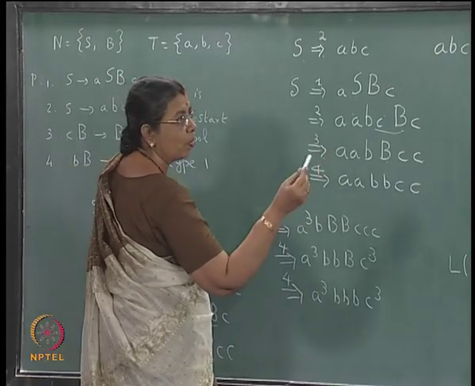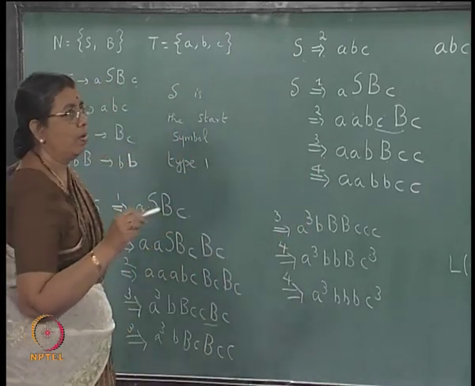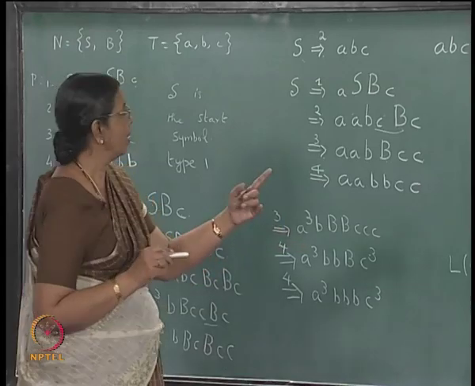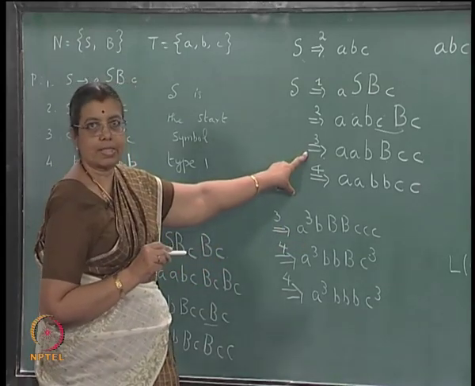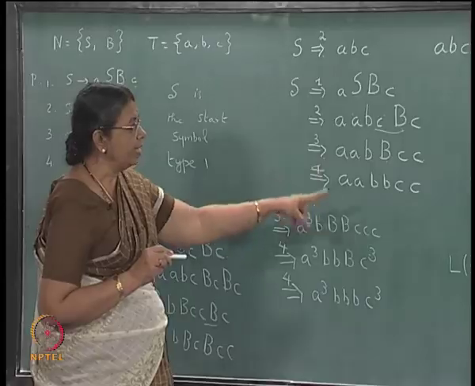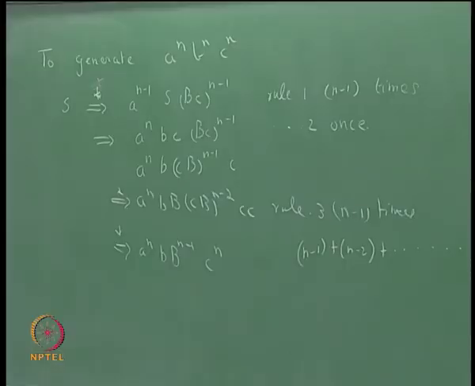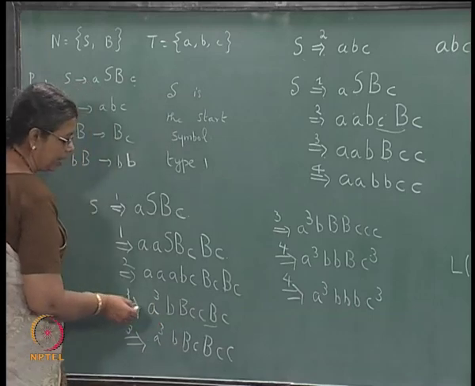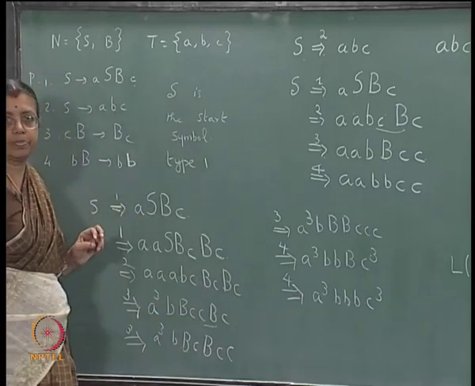When n is equal to 2, n minus 1 into n by 2 is 1, you are applying rule 3 only once. When n is equal to 3, what is n minus 1 into n by 2? 2 into 3 by 2, that is 3. 3 times you are applying, check.